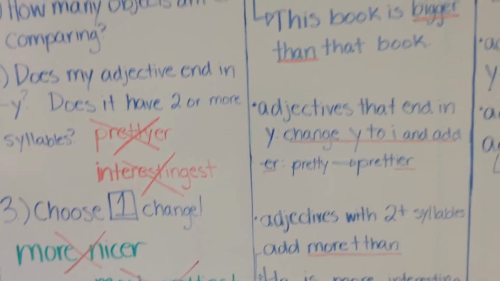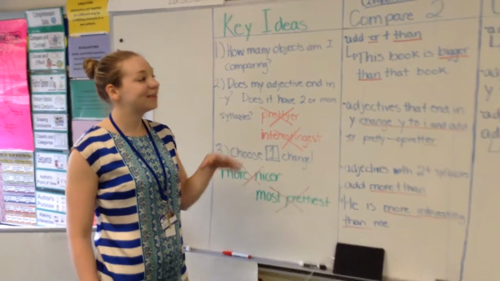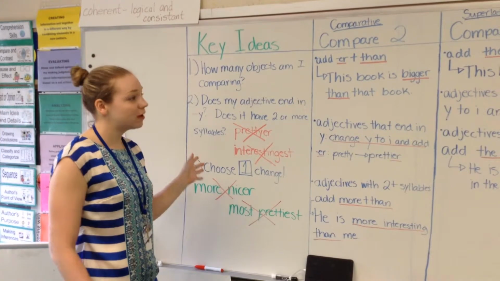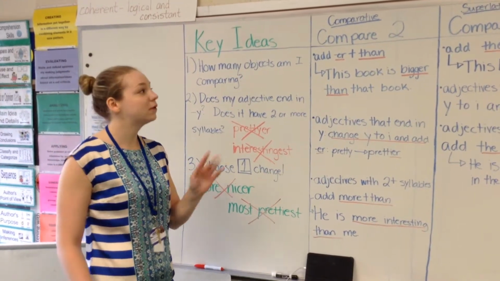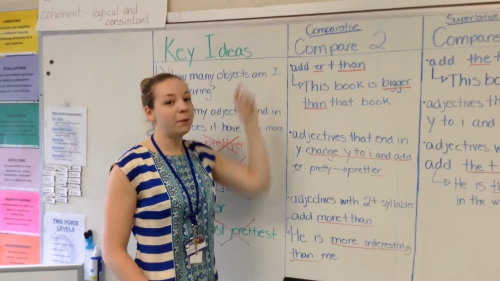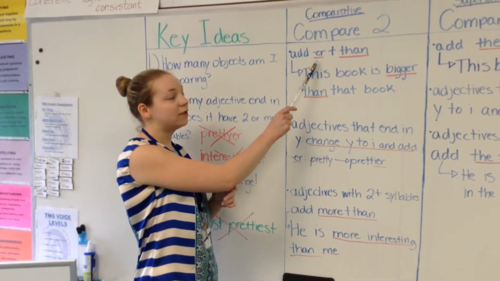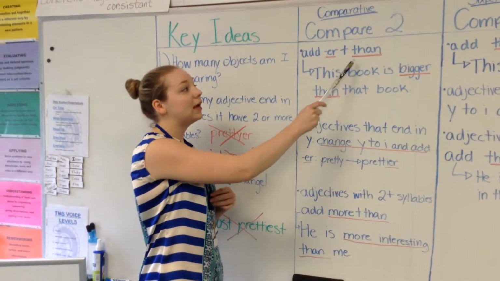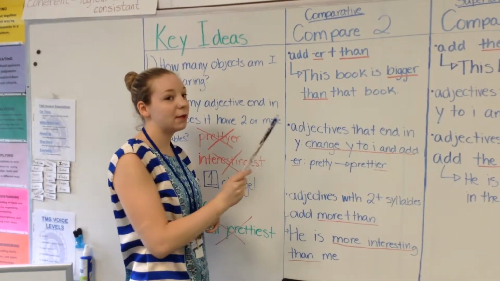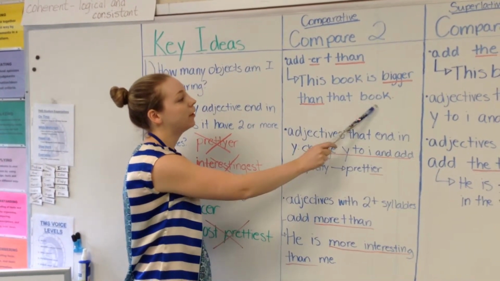Now, unfortunately, it's English, so it's not always that simple. There are different exceptions to that add ER and add EST rule. But here's another example for you, of the simplest way to do this. So we look at our comparative adjectives, which is when we are comparing two objects to each other. We add ER to the end of our adjective, and, this is important, we add the word than. For example, this book is bigger than that book.